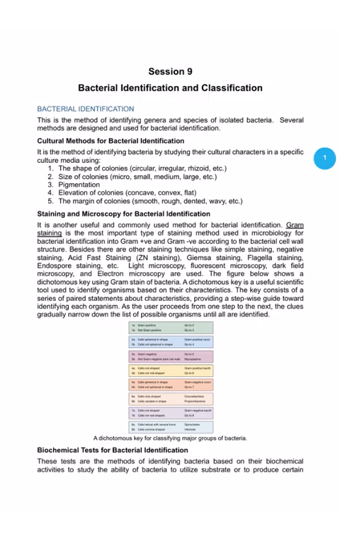You want to identify this bacteria using different techniques used in the microbiology lab, to know the genera and the species of this bacteria. There are several methods used for bacterial identification.